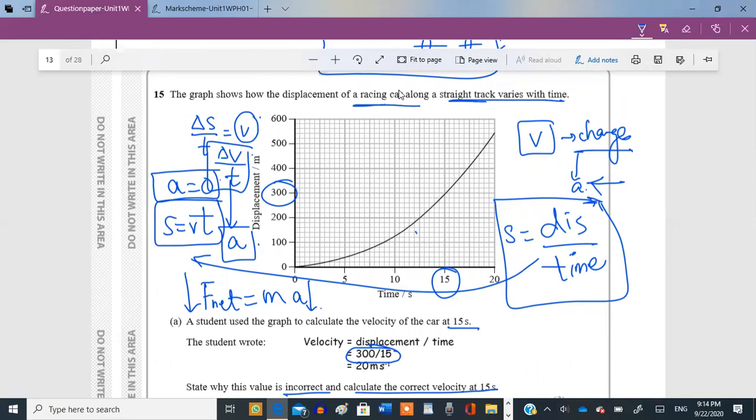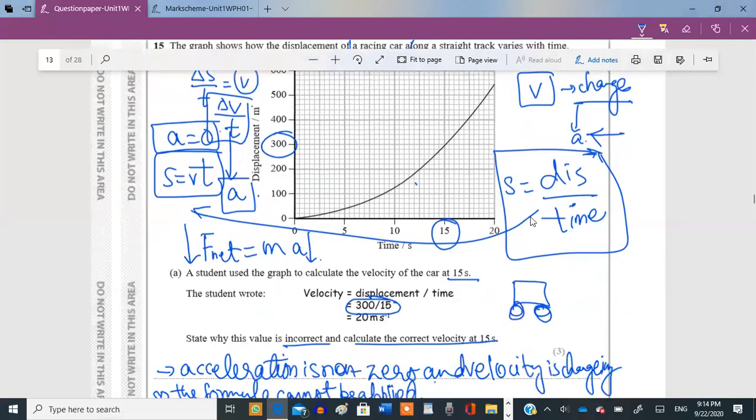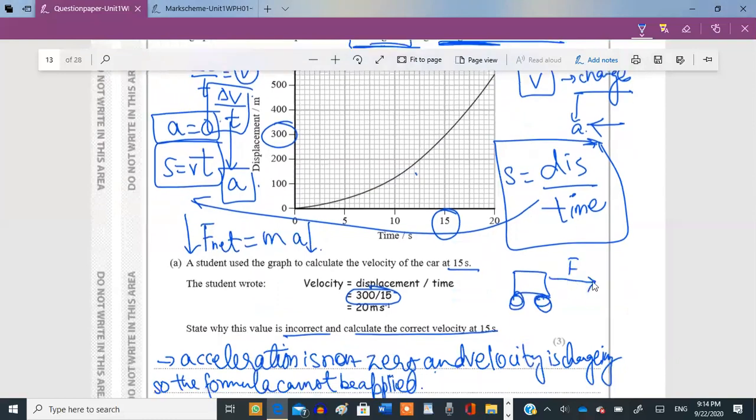Well, this is a racing car moving along a straight track. They didn't tell us that it went around a corner, and it didn't apply brakes anywhere. Then why is its acceleration decreasing? The simple explanation is that the forward force caused the velocity to rise.